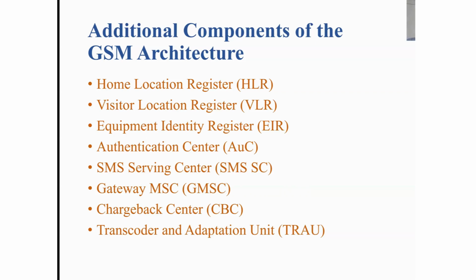Next is the equipment identity register. We already know that when we purchase a mobile, an IMEI number will be there. It is a permanent number available in your device. It will be matched when you are making a call. It contains some key values, and the data itself also contains some key value.